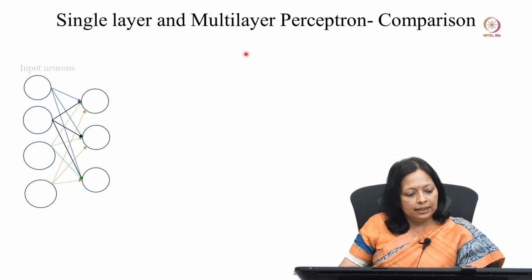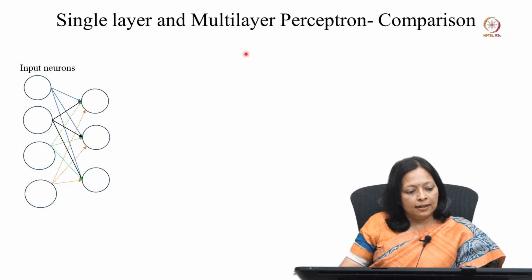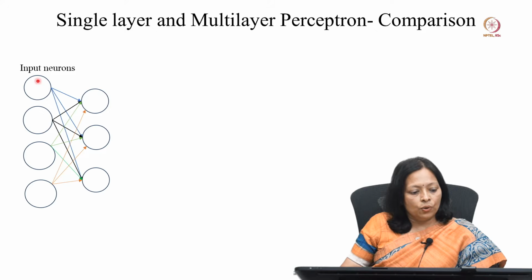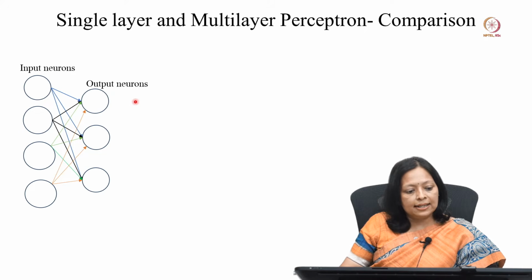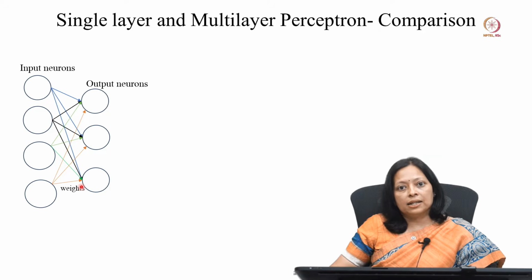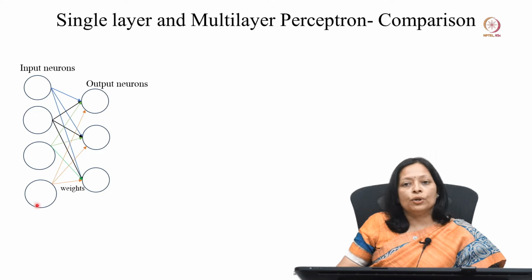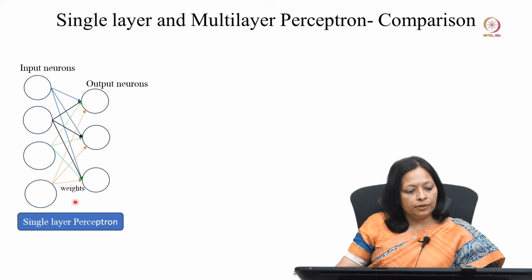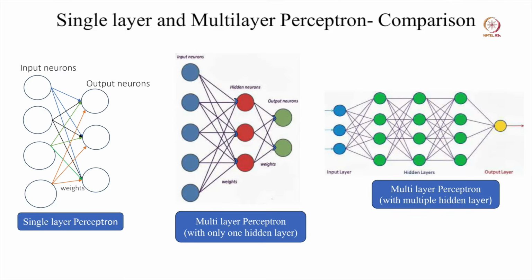So, if you see, this is a single layer perceptron where these are input neurons and these are the output neurons, and the connections between the input and the output neurons have some weights which are nothing but the importance that you give to each and every input neuron. So, in case of single layer perceptron, which is this image, there is no hidden layer. The input neurons are directly connected to the output neurons.